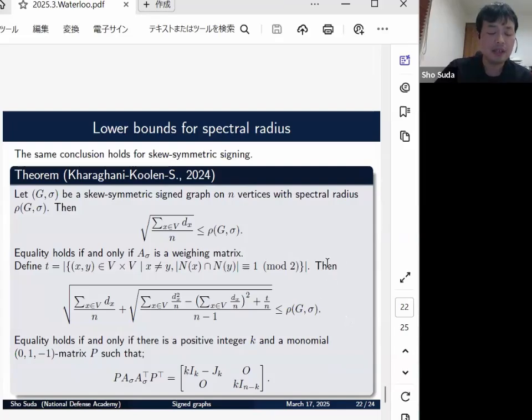And the characterizations for both cases are exactly the same as before. But of course, A sigma in the first case is the skew-symmetric Wang matrix. And in the second case, something different from the previous one: P times A sigma times A sigma transpose times P transpose is equal to the desired block form.